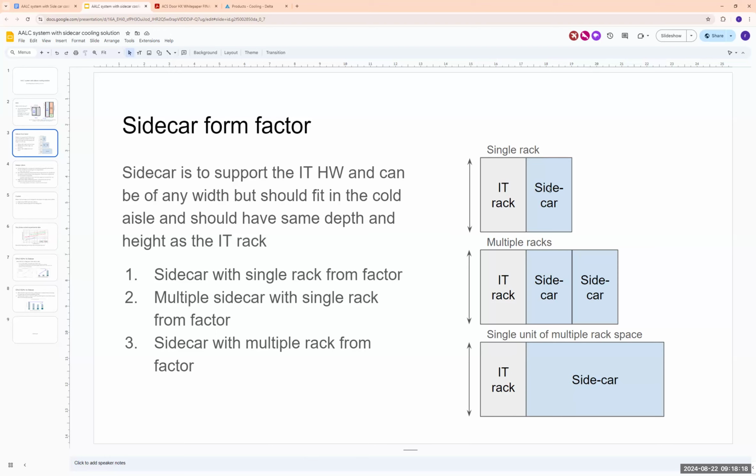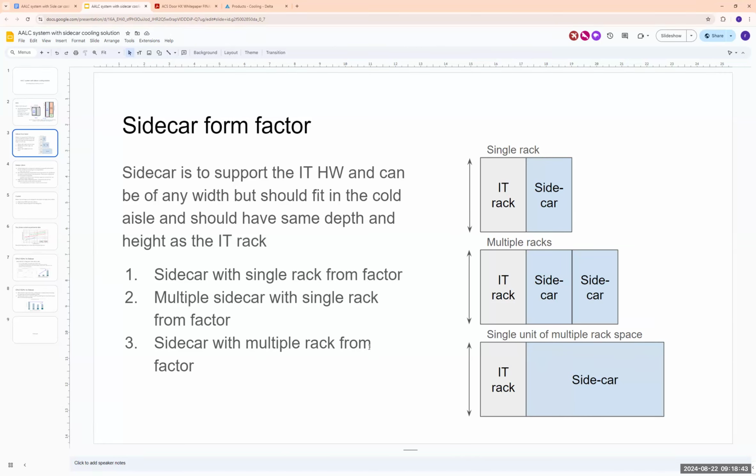So a single sidecar might not always support the IT hardware sitting next to it. So you might have to use multiple racks of sidecars, or multiple sidecars for the same rack, versus a bigger sidecar for that particular rack.